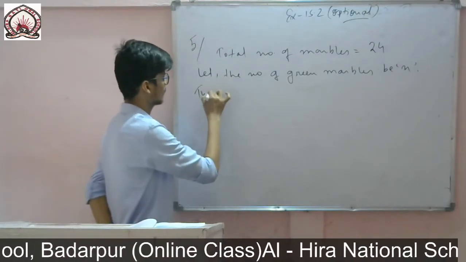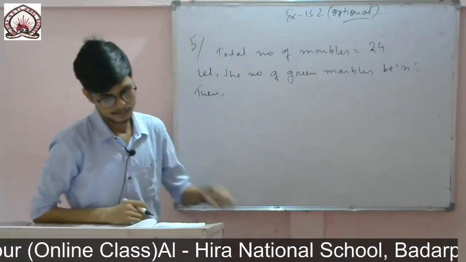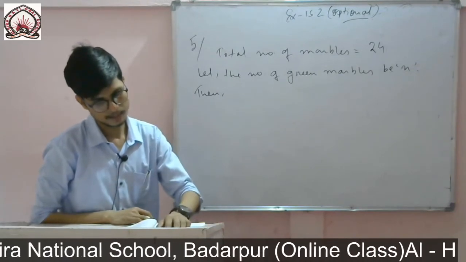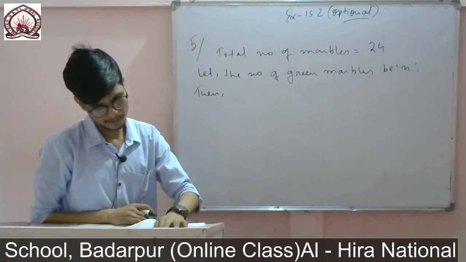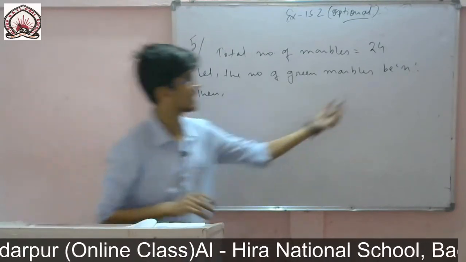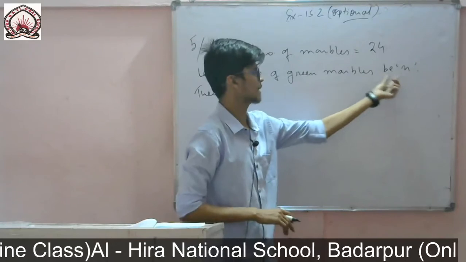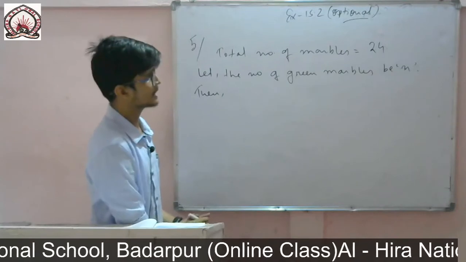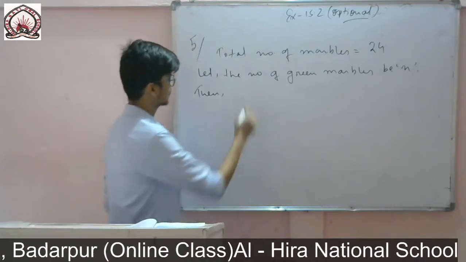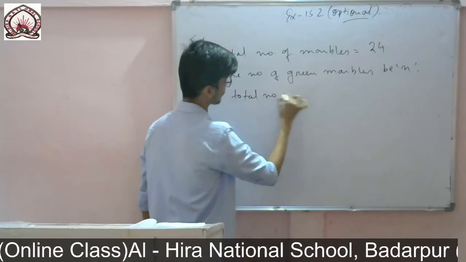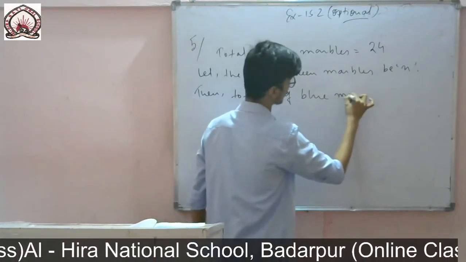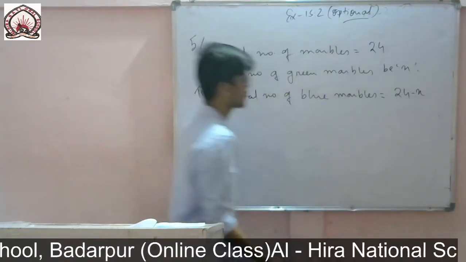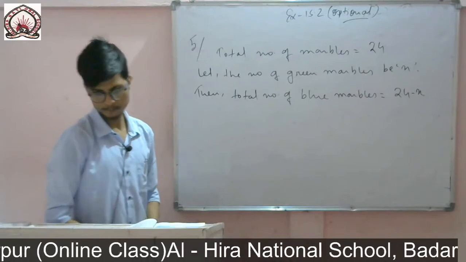Then the condition is given like this, that some are green and others are blue. If a marble is drawn at random from the jar, the probability that it is green is 2 by 3. So there are 24 marbles. If I let the number of green marbles be x, then the remaining marbles will be blue. That means 24 minus x. So you write, total number of blue marbles equals 24 minus x.